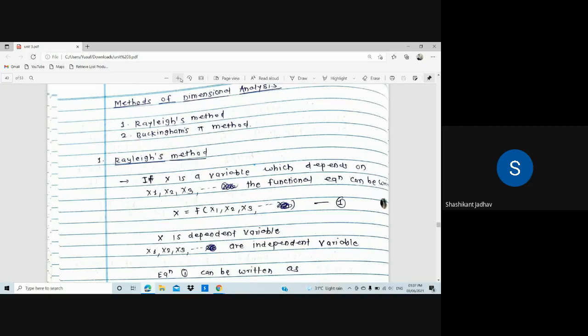So x is a function of x1, x2, x3, and so on. Okay, so all of you write down x is equal to function of x1, x2, x3, and this is equation number 1.